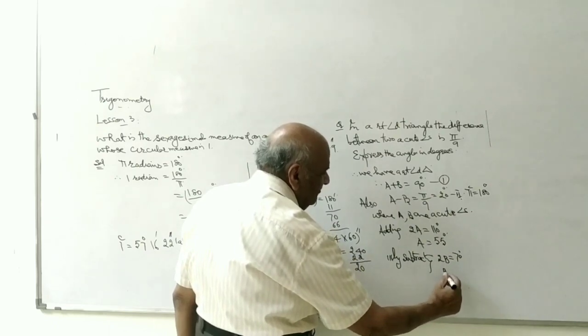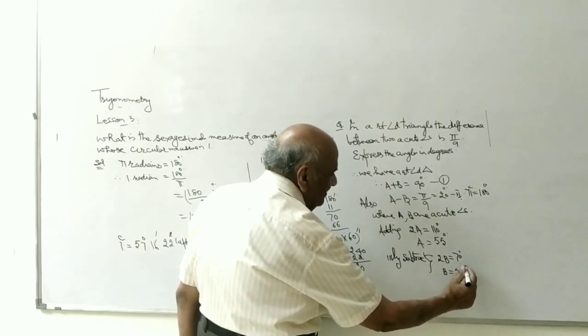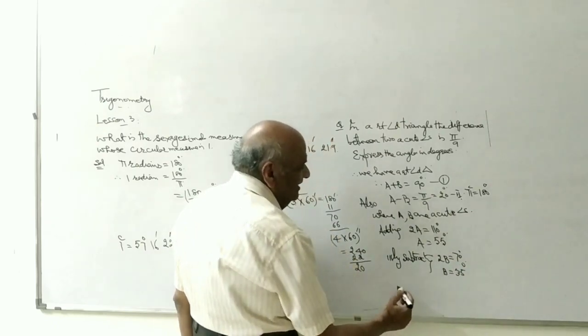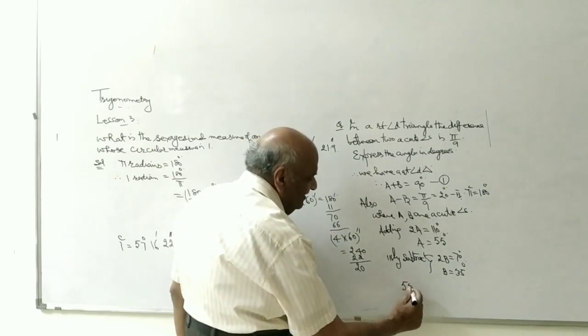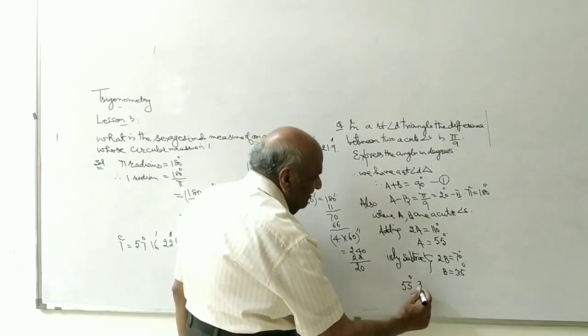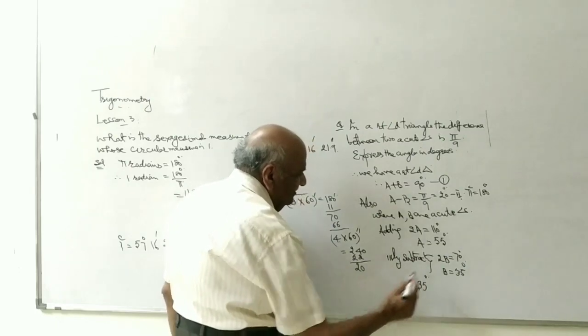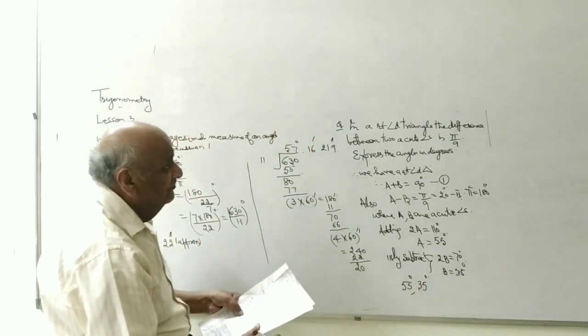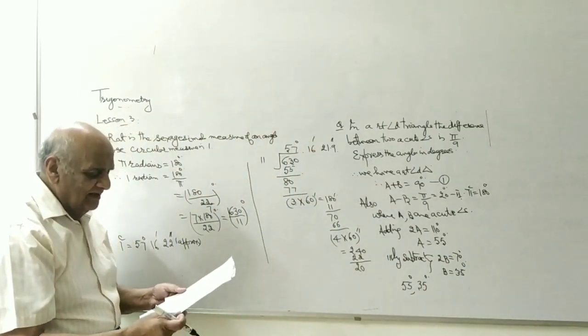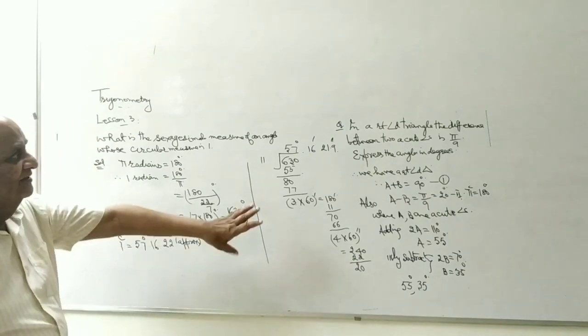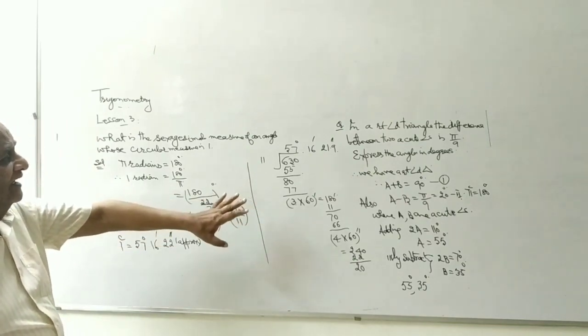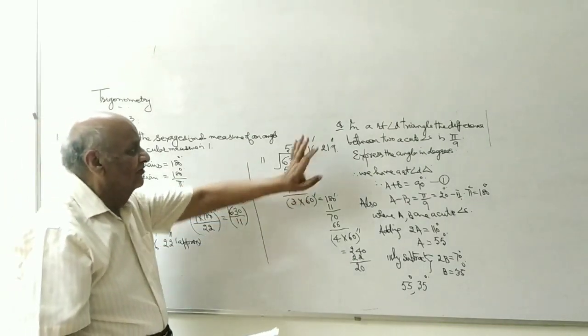So B becomes 35 degrees. Therefore, the angles are 55 degrees and 35 degrees. That is, we were supposed to find the angles in degrees. This is another problem we can talk about on this.